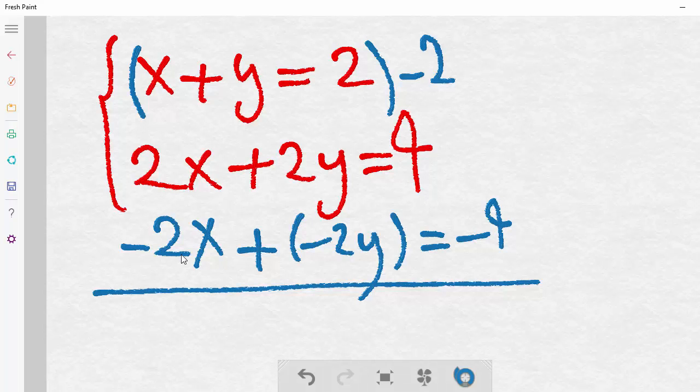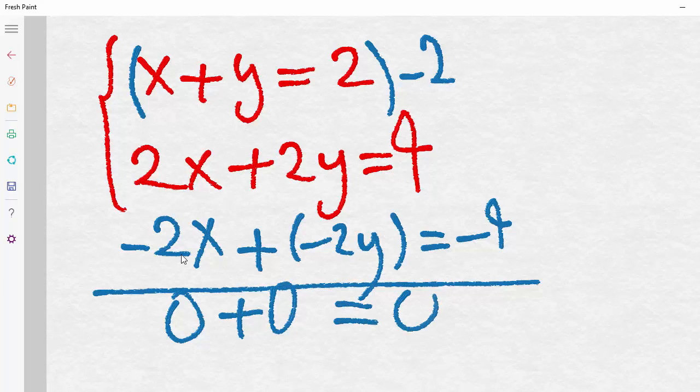And when you add, negative 2x and plus 2x is 0. 2y plus negative 2y is 0. And then negative 4 plus 4 is 0. So you get this situation that 0 equals 0.